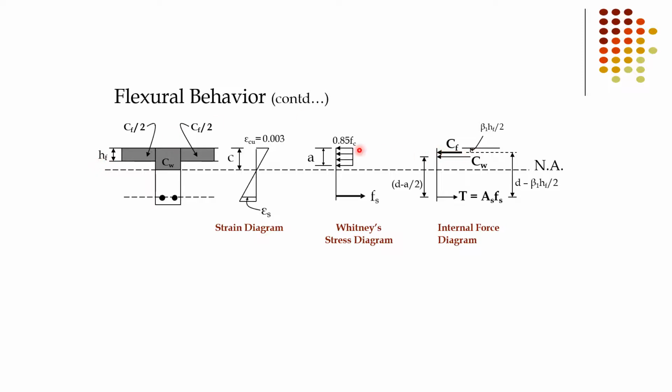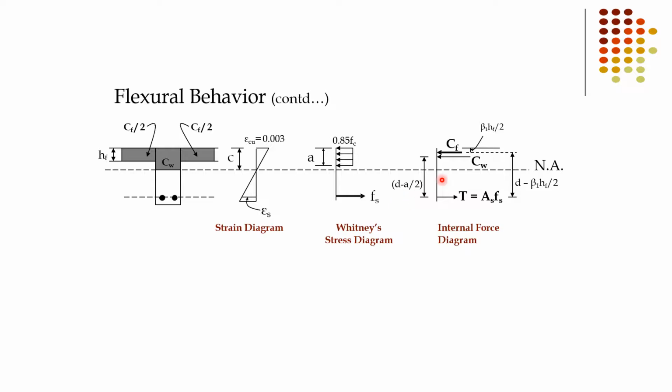So the flange thickness will be beta 1 hf. Cf acts at the center of the flange, so we take beta 1 hf divided by 2.